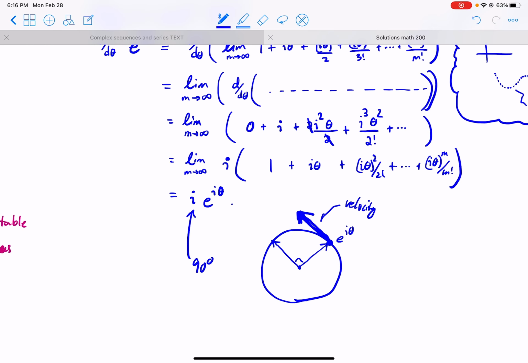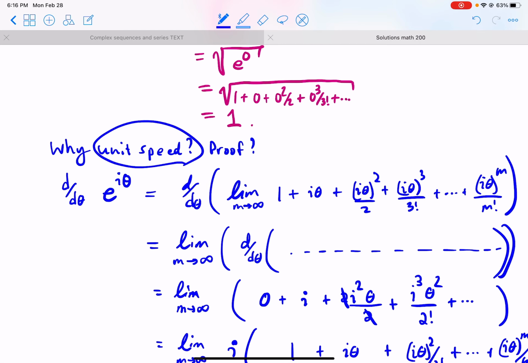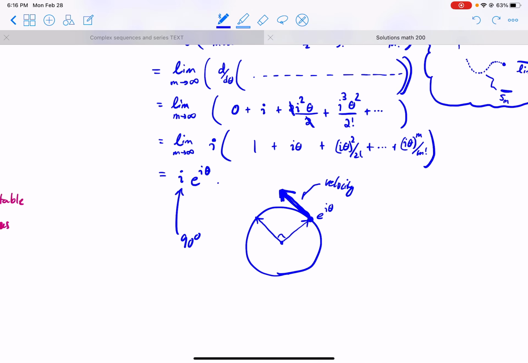Now, the velocity is fine. We wanted unit speed. So what is unit speed? We're asking, what is this? Is this 1? Well, sure enough. The absolute value of i is 1.